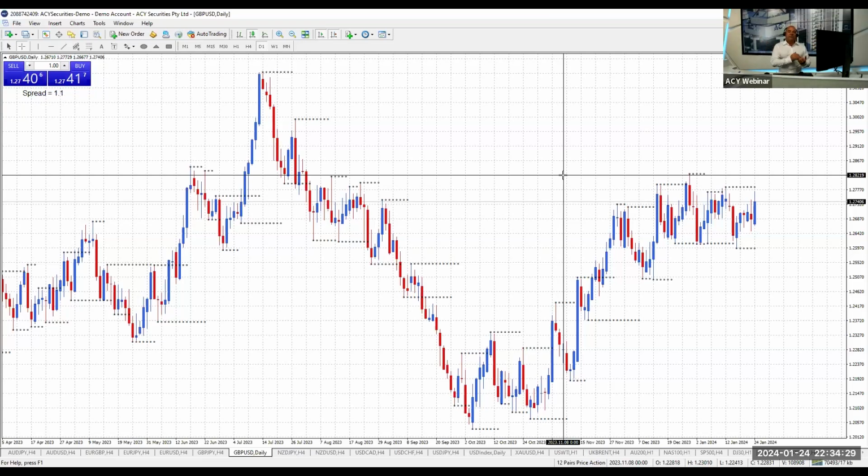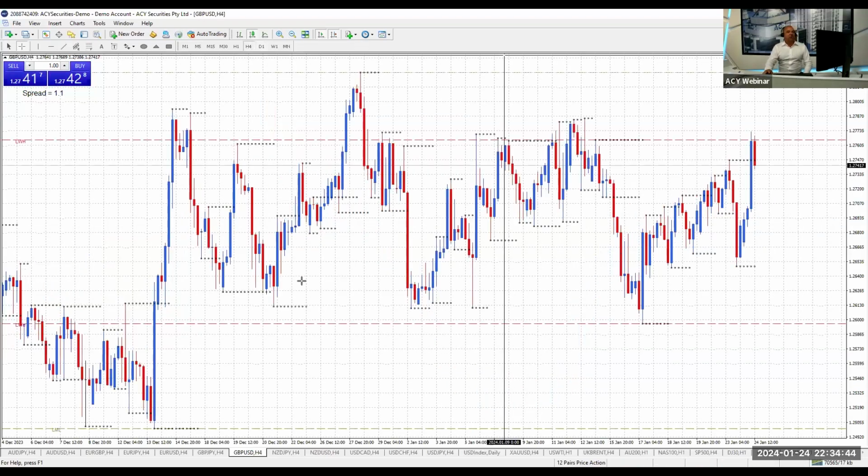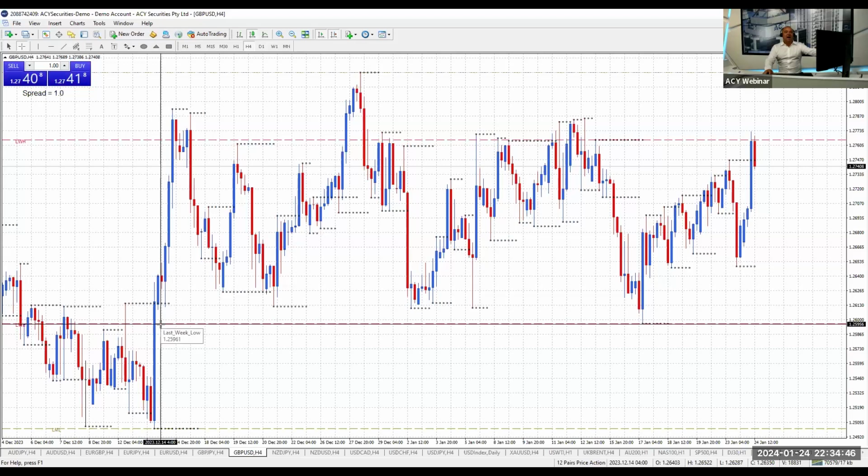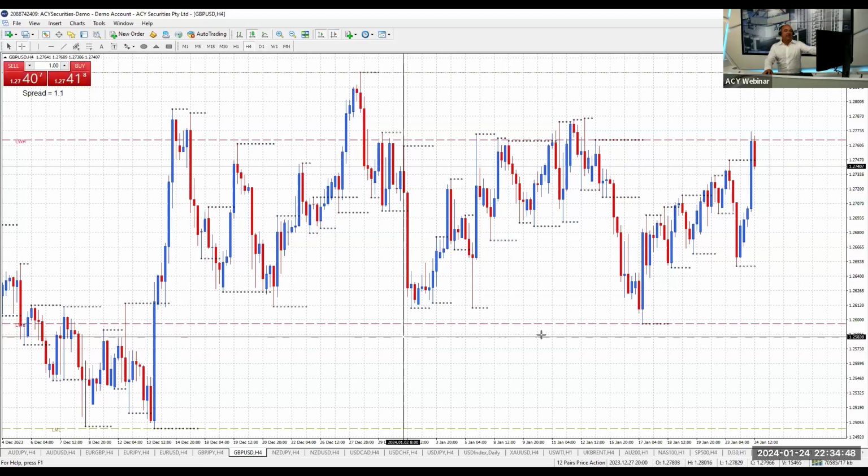So therefore, if the trend is up, rather than trading off both sides of the range, I'll have a bias to trade in line with the trend, so I'll just be a buyer at the bottom of the range. So when I look at this little tool here, it's already telling me.